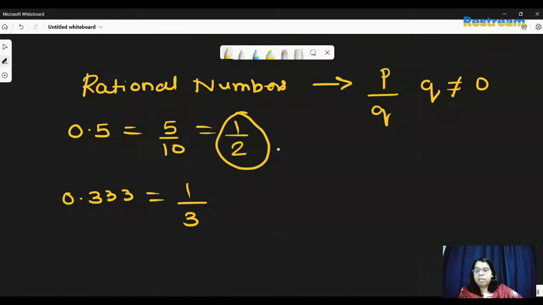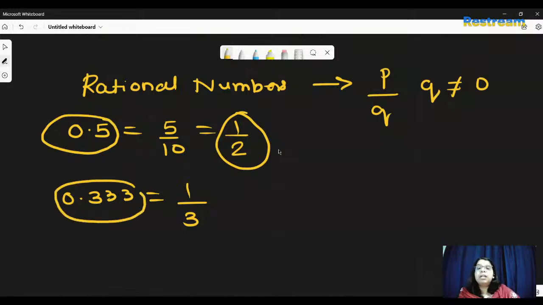You have to see if the decimal is stopping, or if the decimal is repeating itself, because 3333 will keep on continuing. I just took three threes because it's tedious to write so many threes. If it is repeating, or it is stopping somewhere, then it is a rational number, in the form P over Q.